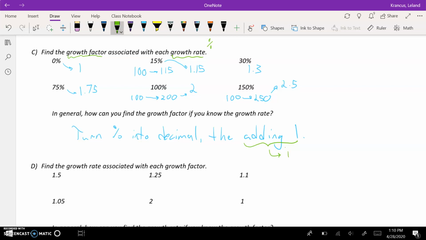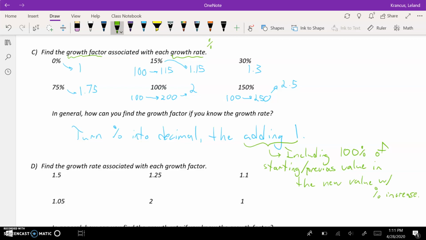And so adding 1 means you're including 100%, which is 1 in decimal form, of the starting value or the previous value in the new value with a percent increase.